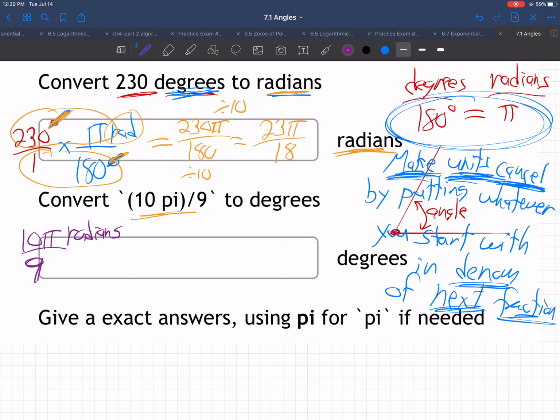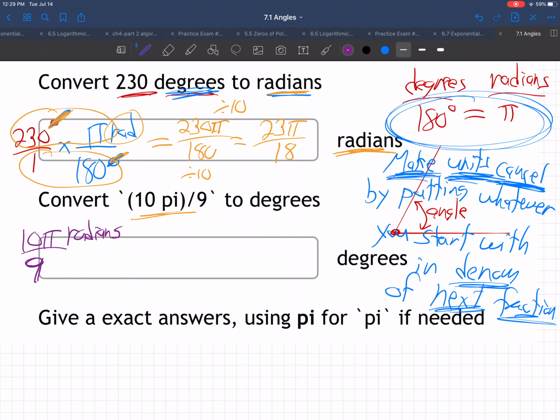Radians don't need a symbol. They don't even need the word radians. I'm just adding that in for extra clarity. But if you just write 10 pi over 9 and you don't write any symbols, that means radians by default. If you want degrees, you got to write a degree symbol.